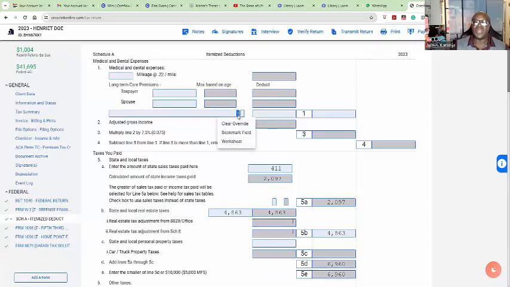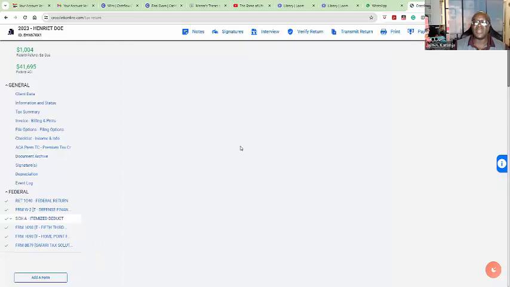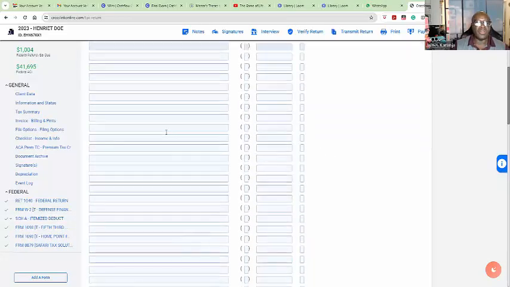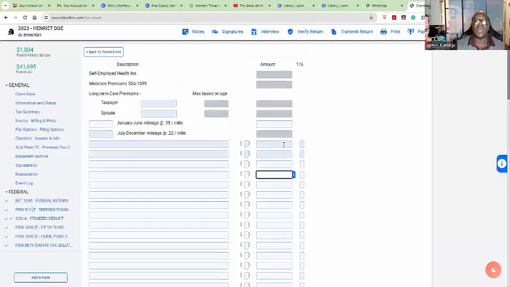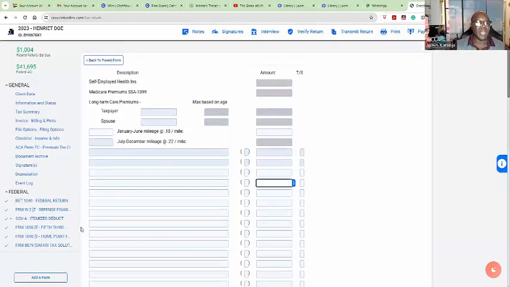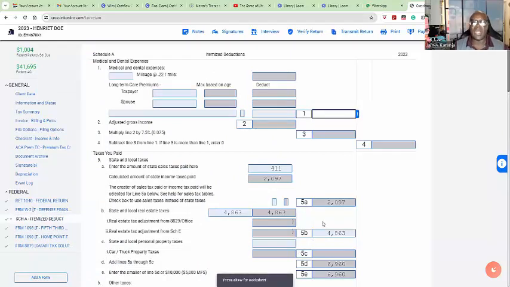If you click on these three dots here, you can get the worksheet and add all of it, as much as you have. You went to the doctor and he told you you had this, you add it here. Whatever you paid out of pocket, you go ahead and add it there. You add it all. But this person did not have any, so we go back to Schedule A.